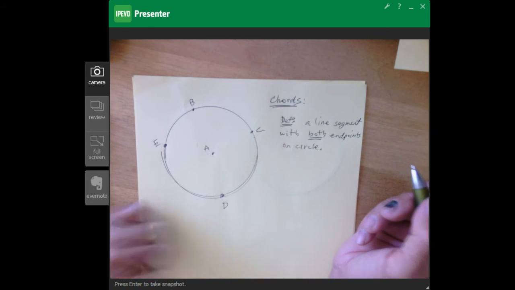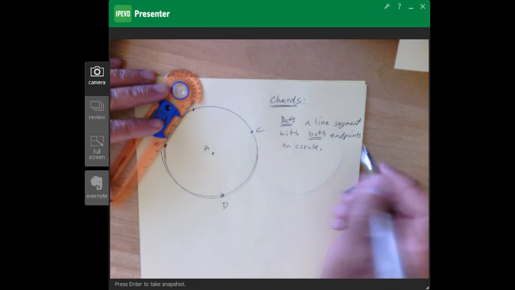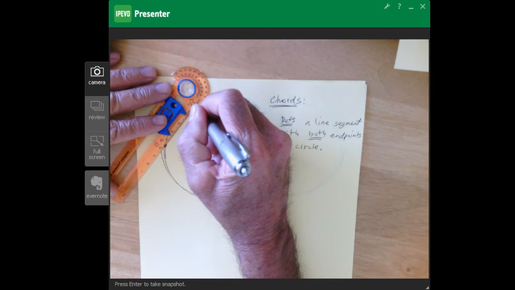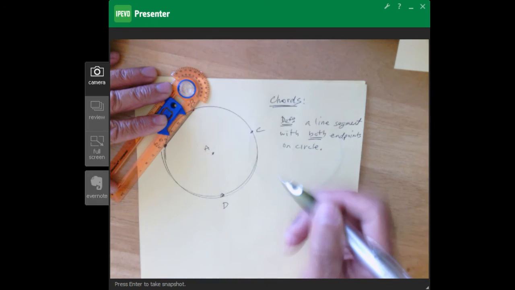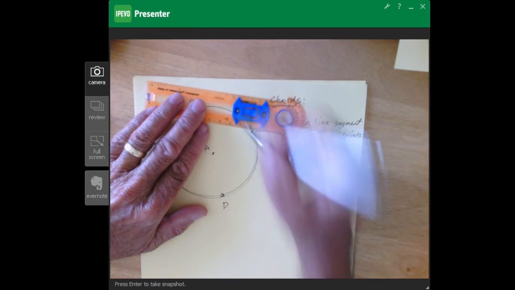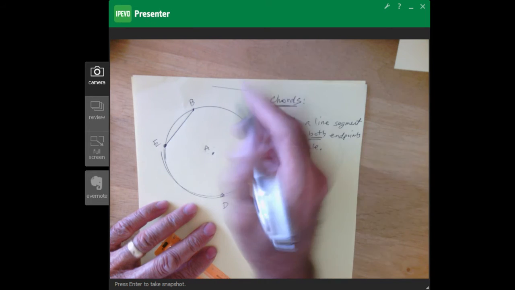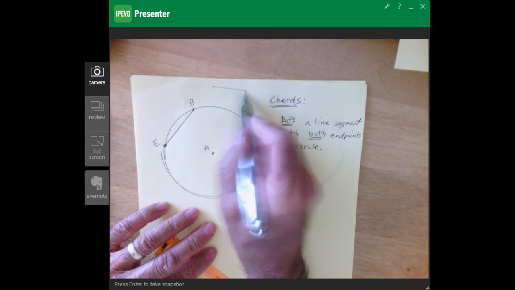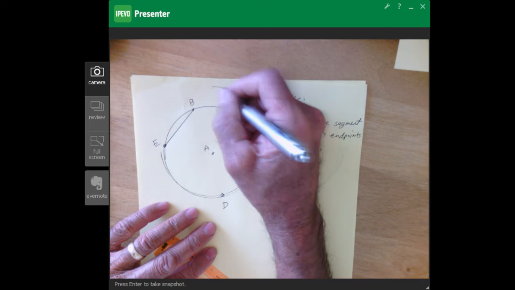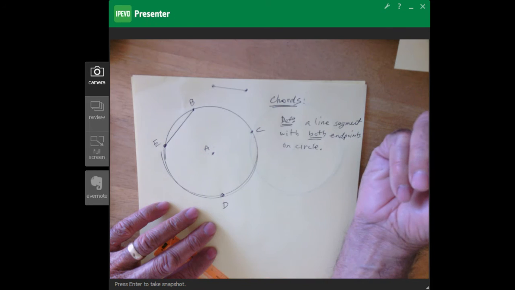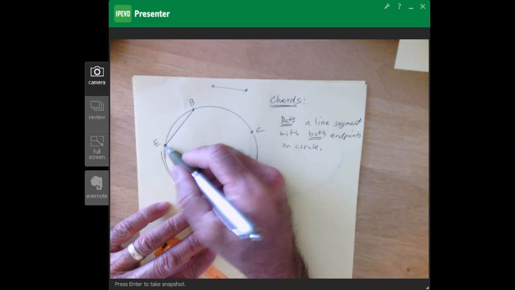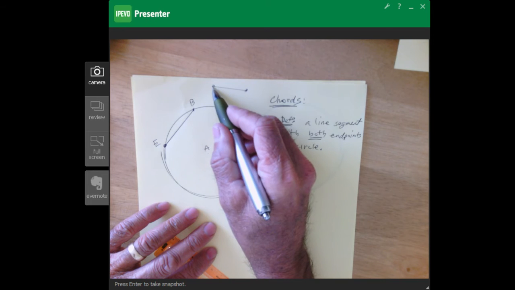Okay, that's the definition. Pretty straightforward, pretty simple. A line segment, remember, is just part of a line, right? So if it goes from here to here and has a beginning and an end, that's a line segment.